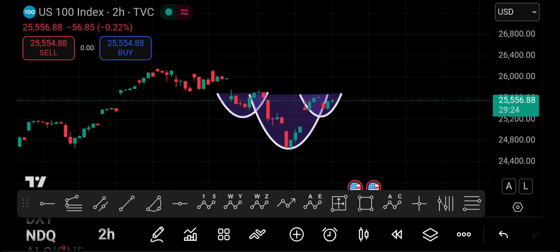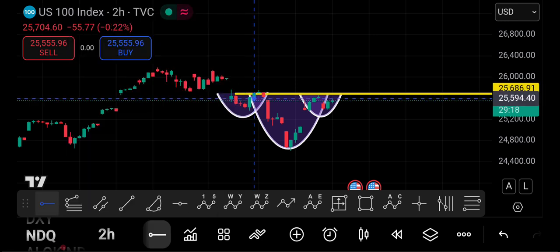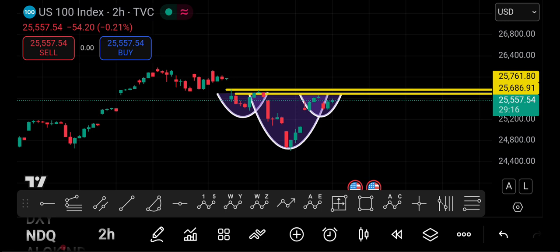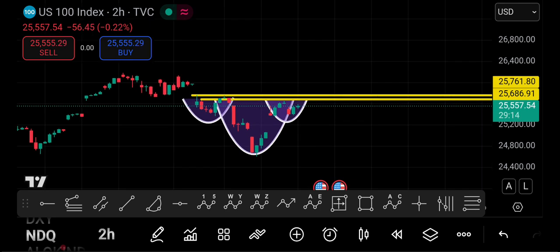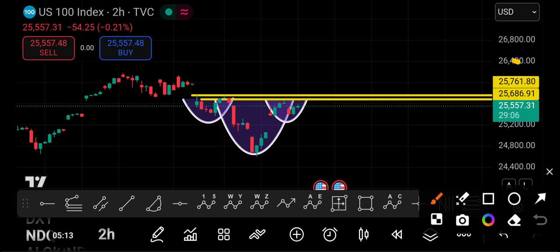My dear friends, there is a bullish pattern emerging. We have to wait for a confirmation closing above the neckline, that is 25,761. We have to wait for the neckline to get triggered above 25,761.